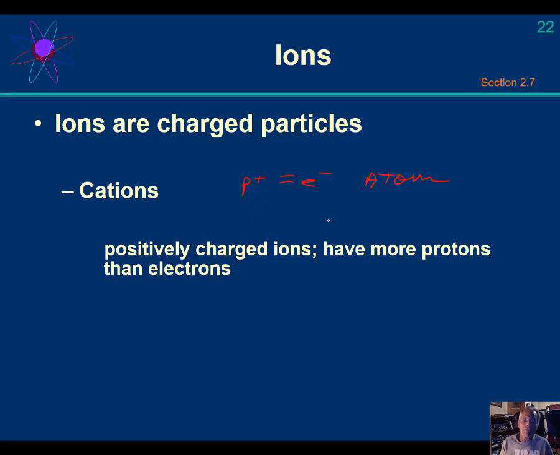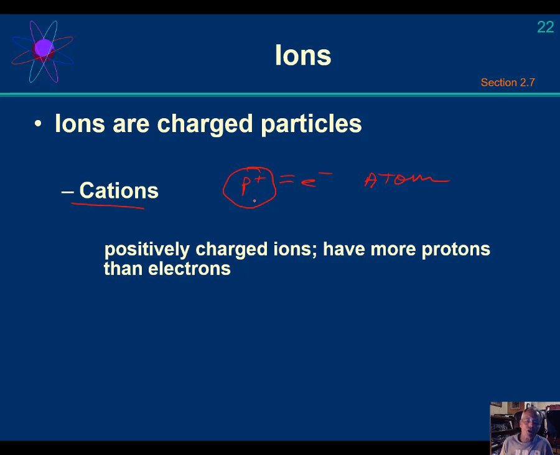However, if a species gives up electrons or accepts electrons, it's going to have a different number of protons and electrons, a surplus of one charge or another. We use the word cation to describe ions that have more protons than electrons.